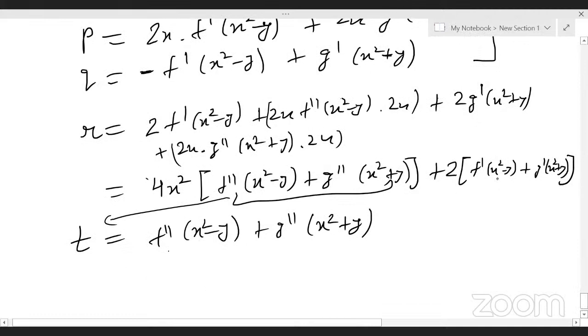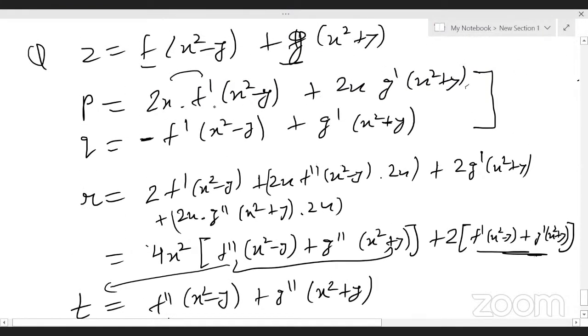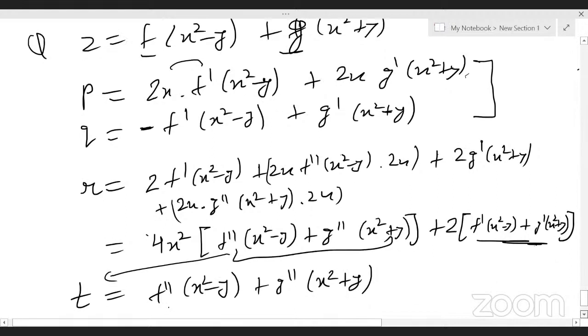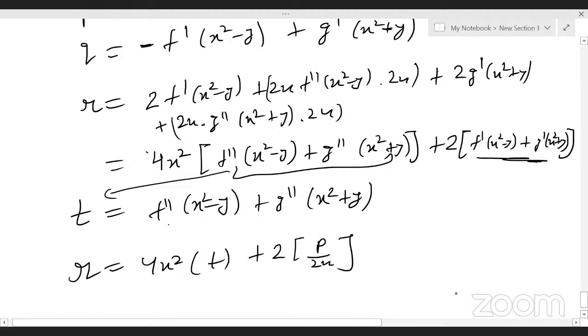And if you see this term, it is p by 2x, because if you take 2x common, you get p by 2x. So just put these values. From here, r is equal to 4x square into t plus 2 into p by 2x, right?